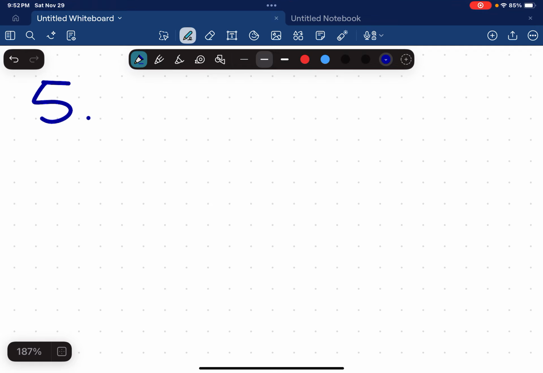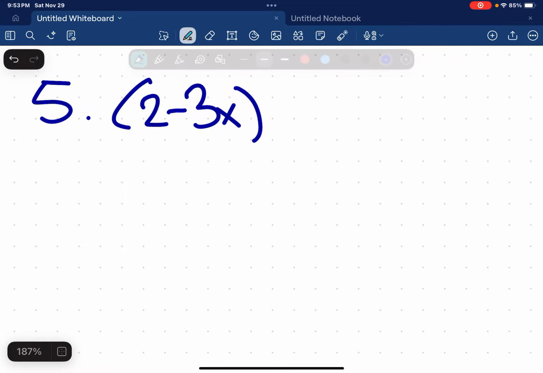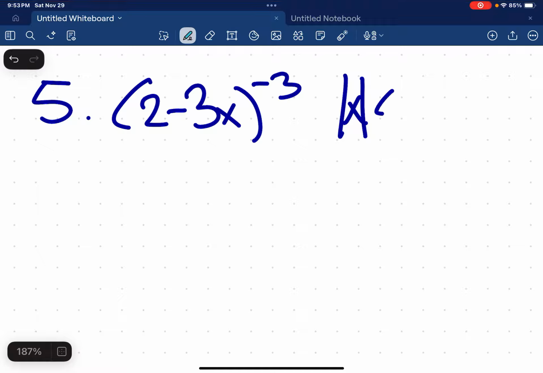Find the first 4 terms in the binomial expansion of 2 minus 3x to the negative 3. Okay, and it gives us this little thing. Okay, unfortunately, the first term is not a 1 here, but I also learned something.